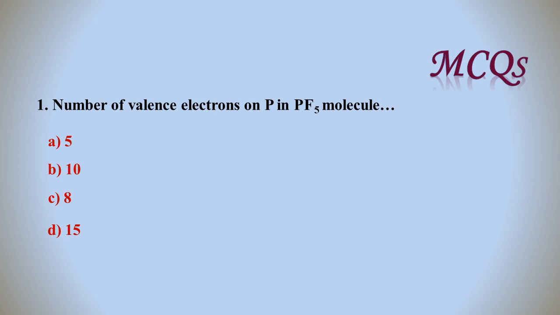Okay, we have here BF5, we said we have here an exception that we have 10 electrons, so we have here 10 valence electrons in the BF5 molecule, phosphorus pentafluoride, we have here valence electrons of 10 electrons.